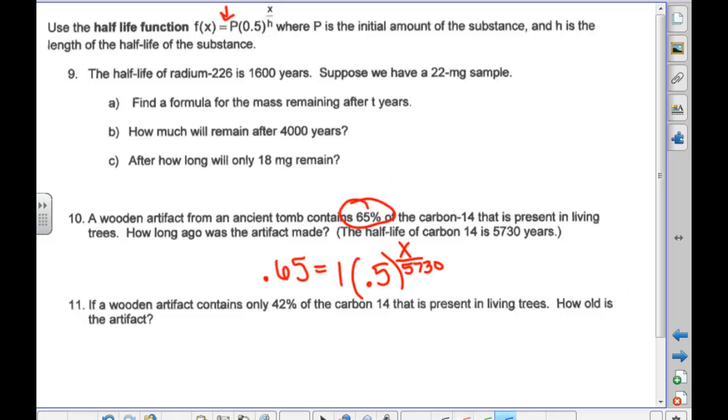Then x is in the exponent, so what are we going to have to do? Okay, so the log of 0.65 equals, if I bring the exponent out in front, I have x over 5730 times the log of 0.5. So then I'm just doing some typing on my calculator.